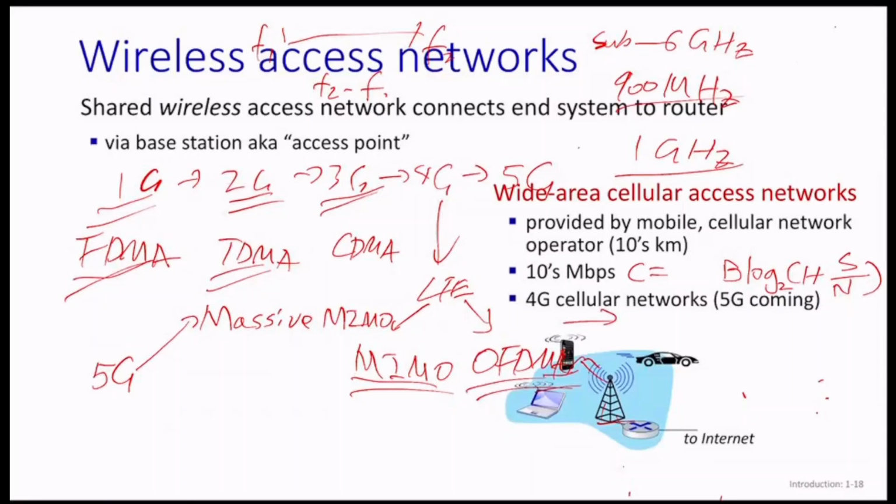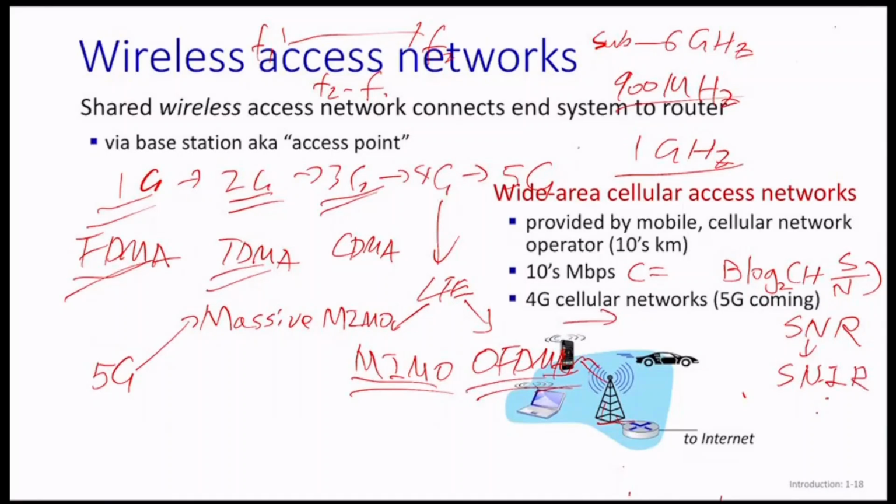Okay, let's continue. The internet speed, this capacity C, equals the bandwidth B times log base 2 of 1 plus S over N. S over N means the signal-to-noise ratio, or some consider the signal-to-interference-plus-noise ratio.